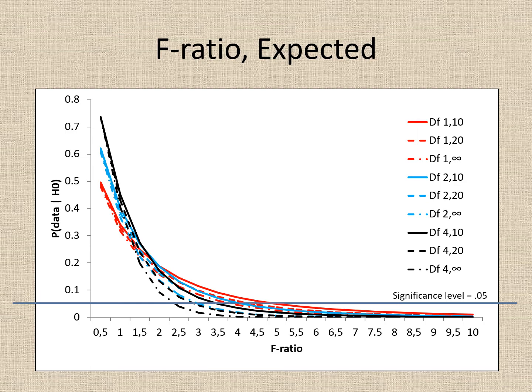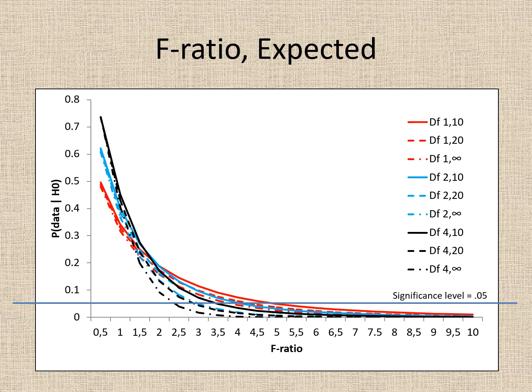Because in that case, the probability of getting the data we have, if the null hypothesis is correct, is estimated to be less than 5%, and we are allowed to reject it. So we know the relation between the F ratio and the probability of getting an F ratio that large or larger, given that the null hypothesis is correct. And we use that information in order to draw conclusions. When are we allowed to reject the null hypothesis?